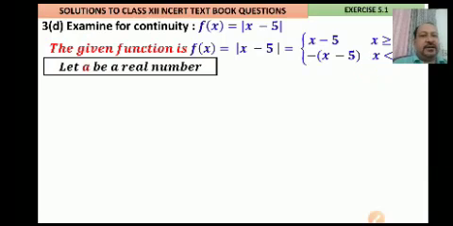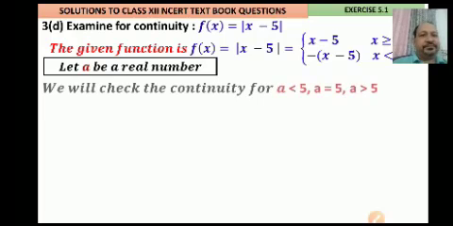Let a be a real number. We will check the continuity for a less than 5, a equal to 5, and a greater than 5. These are the three cases at which the continuity should be checked.